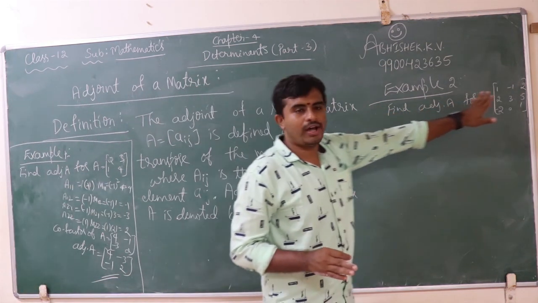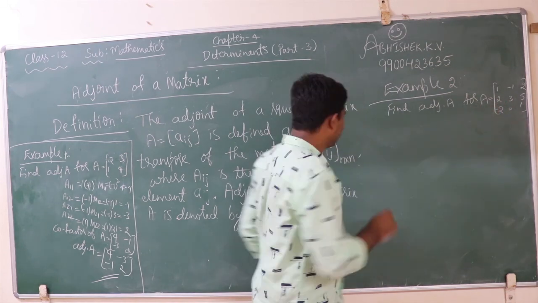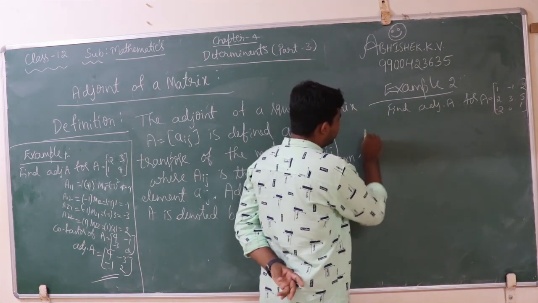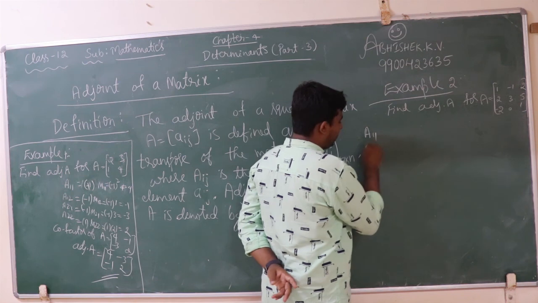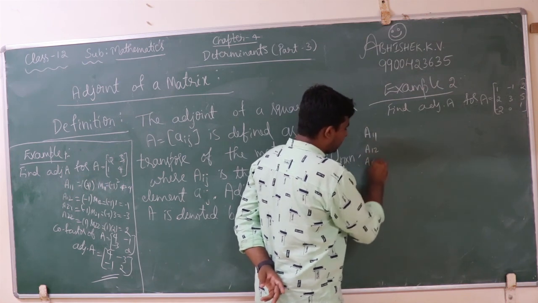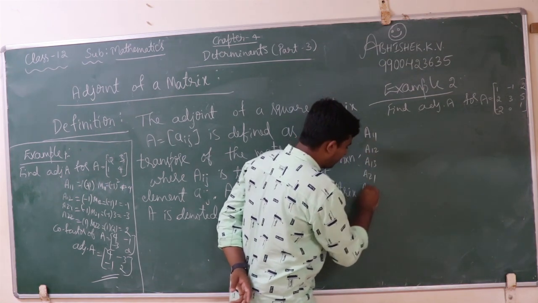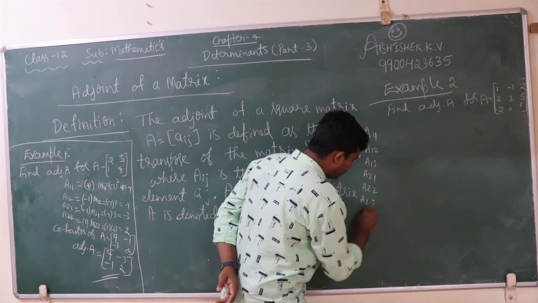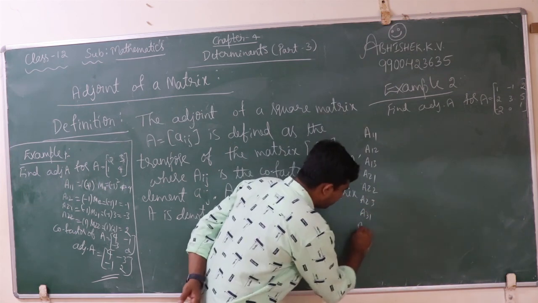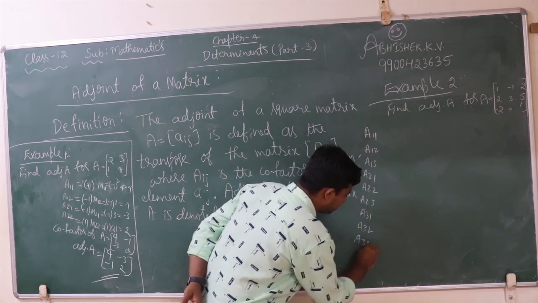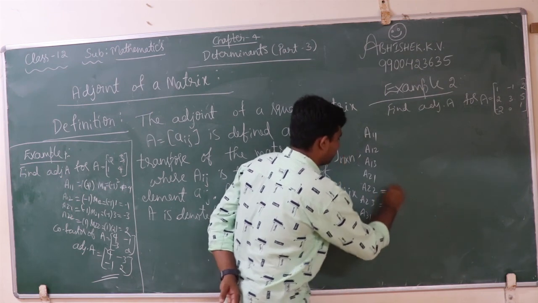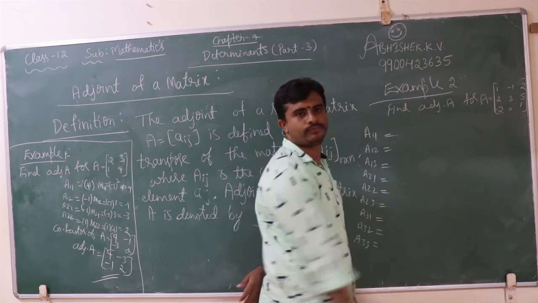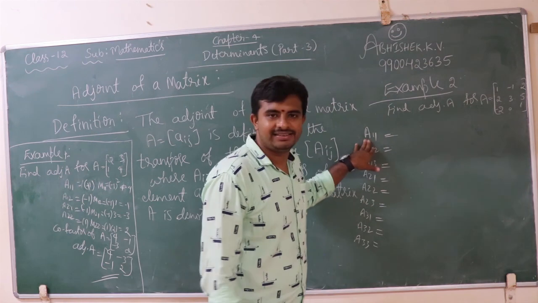Find the adjoint for this matrix A. For this we need to find A11, A12, A13, A21, A22, A23, A31, A32, A33. Right?